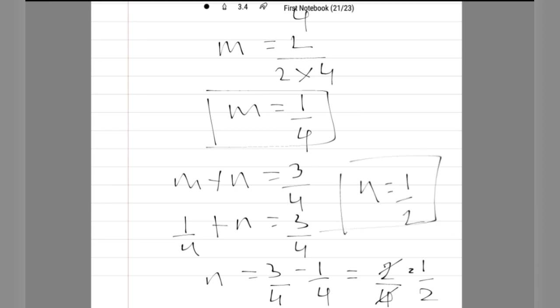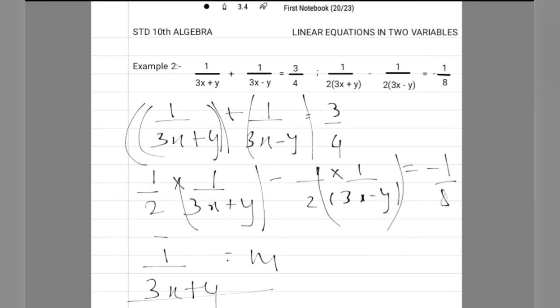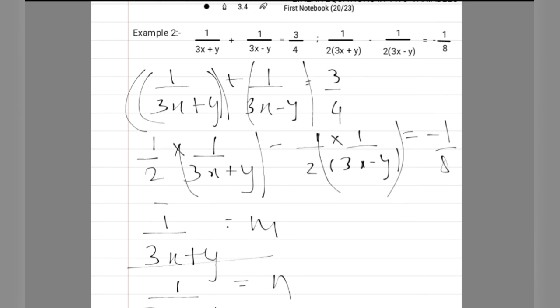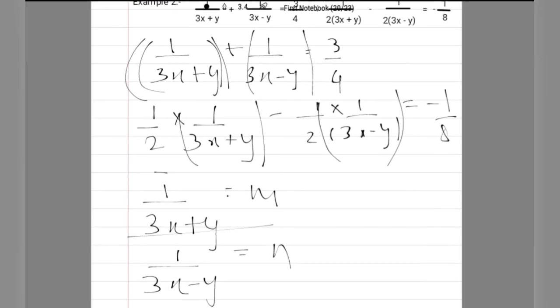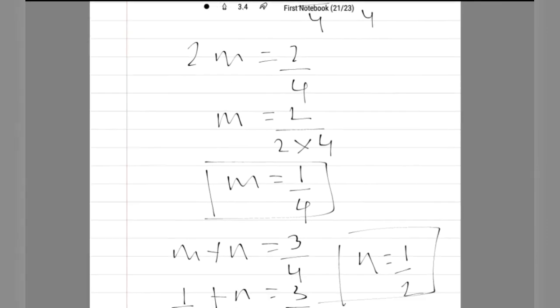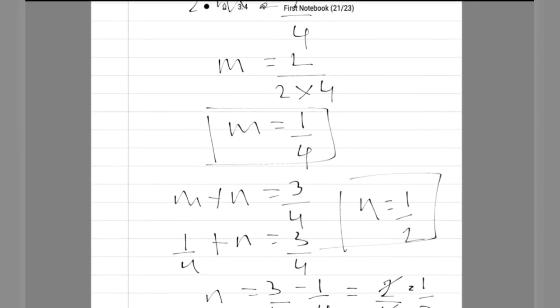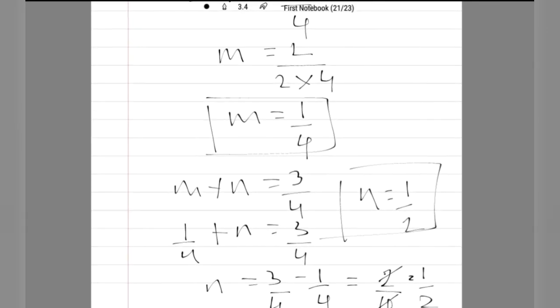Now we have the values of m and n that we substituted. Let's see. We had substituted that 1 upon 3x plus y is equal to m and 1 upon 3x minus y is equal to n. So further we substitute these m and n values and equate them to what we had taken as the initial values.